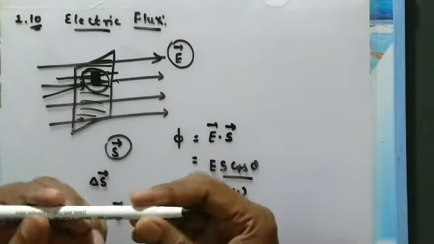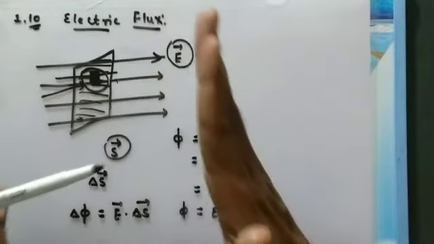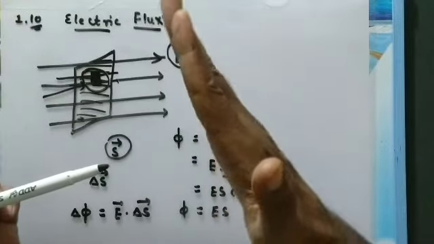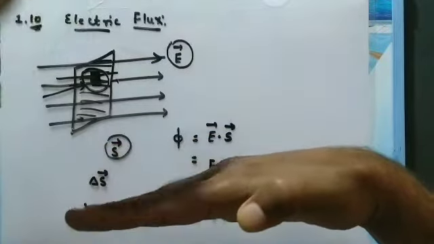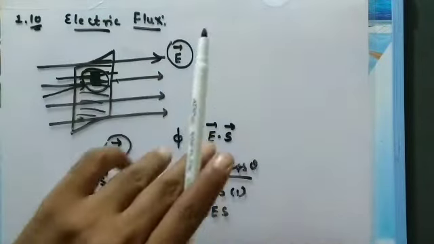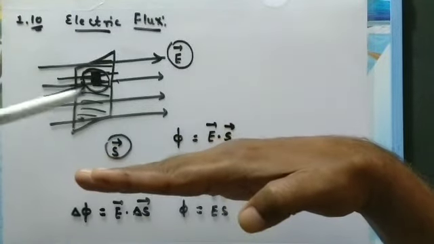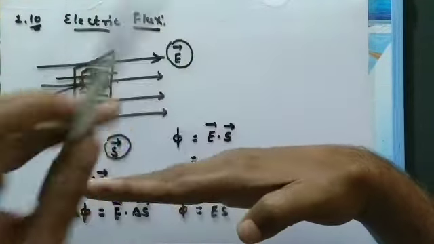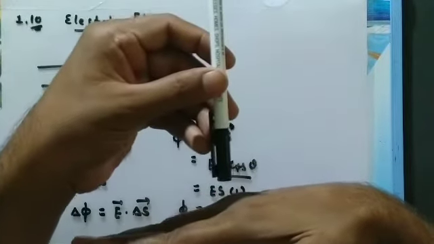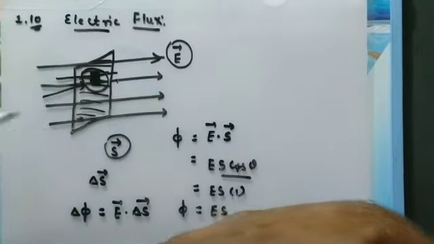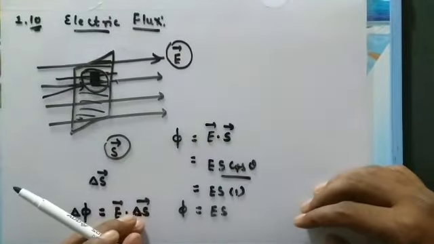But if I say electric field is in this direction, but if I rotate my hand like this, so now the area vector will be in this direction. Electric field is in this direction, area vector is in this direction. So now the angle between electric field and area vector is 90.